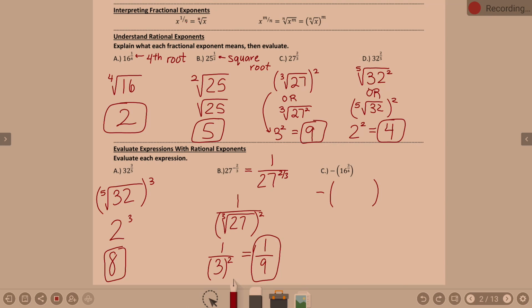It's the 4th root of 16 to the 3rd. So, keep the negative out front. My answer is just going to be negative. What's the 4th root of 16? 2, right? 2 times 2 times 2 times 2. So, this is the negative of 2 raised to the 3rd. What's 2 to the 3rd? 8. So, negative 8.